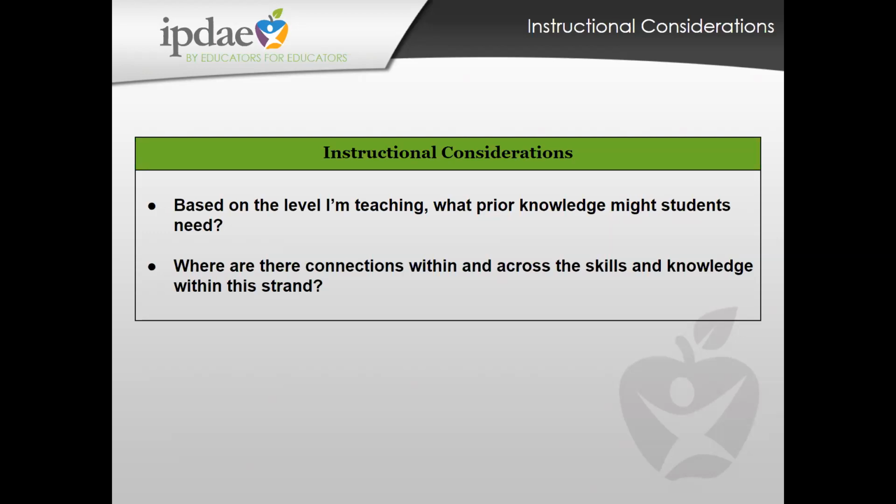One, based on the level I'm teaching, what prior knowledge might students need, right? And again, you can tell that if you're teaching students at a level 4 by looking back at level 3, looking back at level 2, right? And the design of the matrix really supports that. And then also, where are there connections within and across the skills and knowledge within this strand?